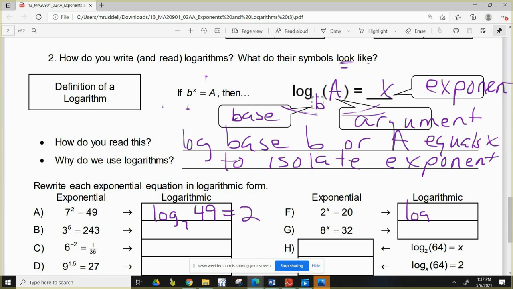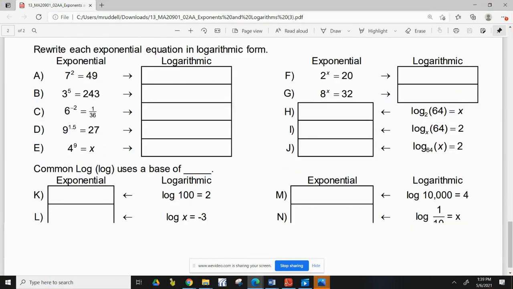Or log base 2 of 20 equals x. We're isolating that exponent and moving it to the other side. Log base 3 of 243 equals 5. You're just rewriting.